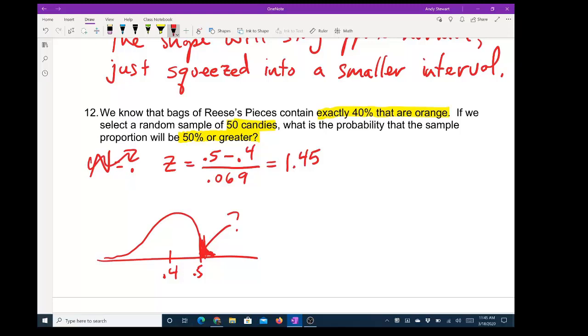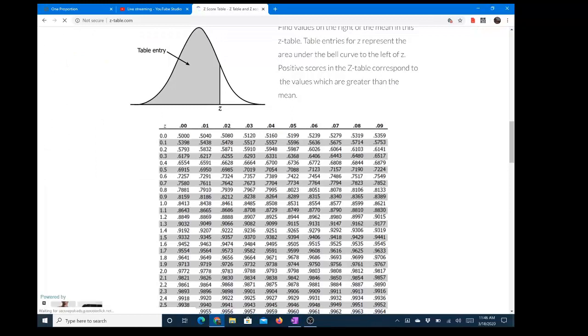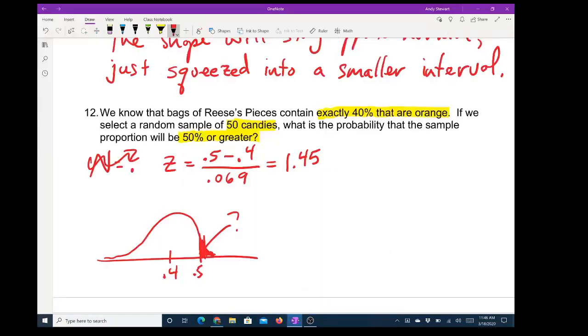So I'm going to go on the internet and look up 1.45. Looks like it's about 0.9265.